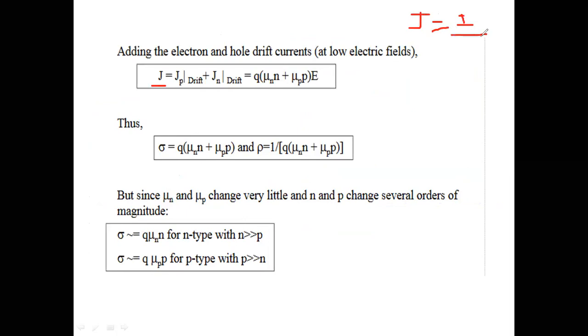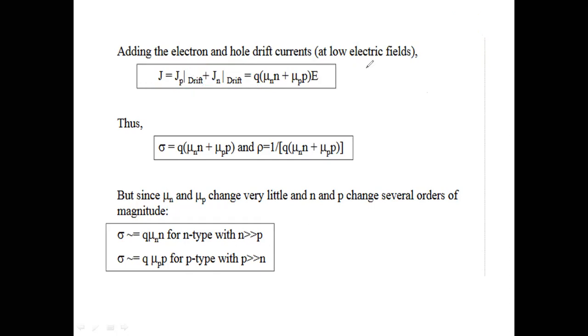The total current is the summation of current due to electrons and current due to holes, so total current density equals current density due to electrons plus current density due to holes.